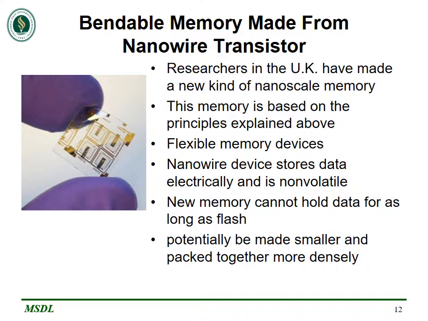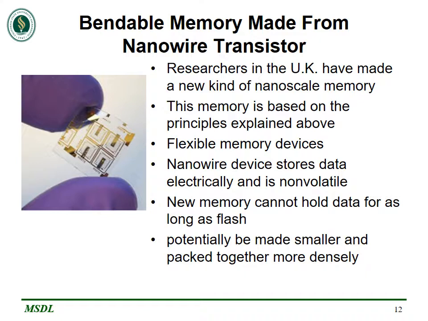This device stores a bit of information using the conductance of a nanoscale transistor made from zinc oxide. This flexible memory device is fabricated on a single silicon substrate. The nanowire device stores data electrically and in a non-volatile form, that is, it retains data when power is turned off, like the silicon-based flash memory found in smartphones and memory cards.